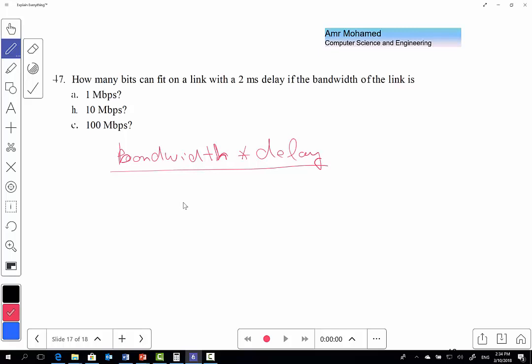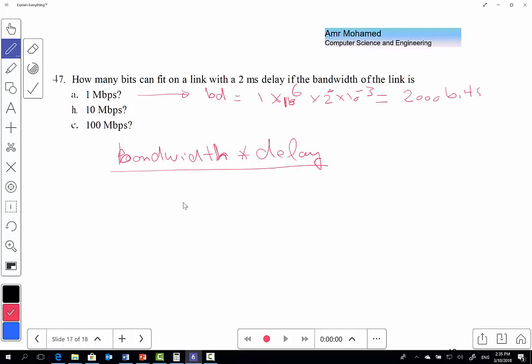So for this case, we have the bandwidth delay product equals 1 times 10 to the power 6 times 2 times 10 to the power minus 3. So that's 2000 bits.